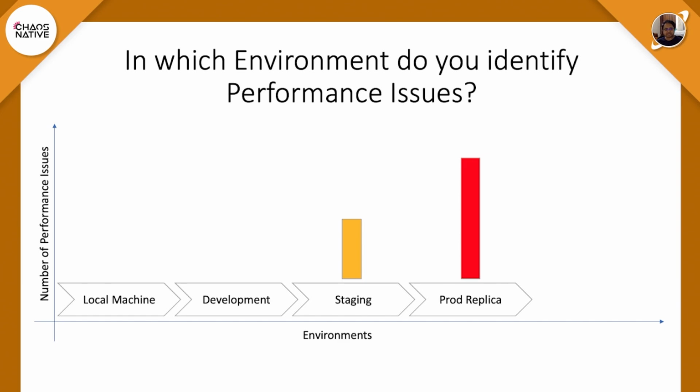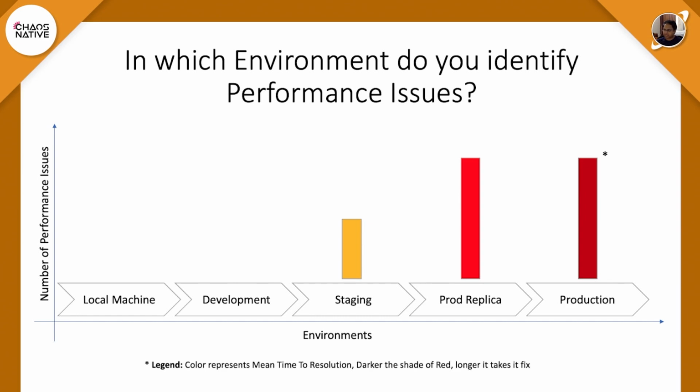And for those issues which we cannot identify up till this point, our users identify it for us and then we have to fix it. The intensity of the red color in this diagram represents that the darker the shade of red, the longer it takes to fix the issue, and that's not desirable.